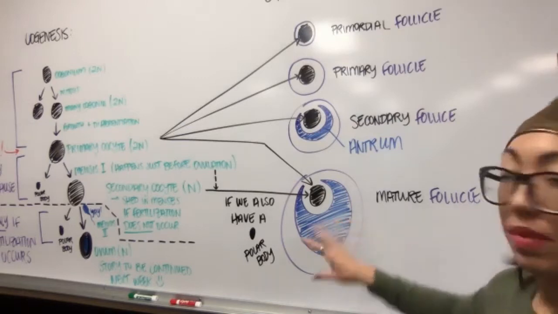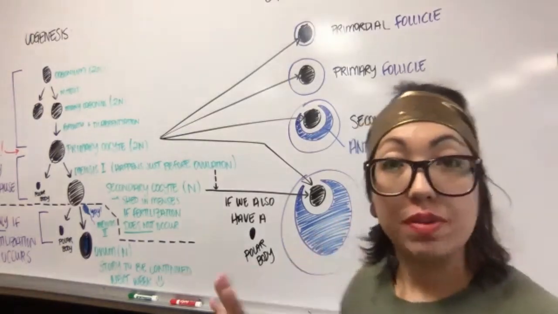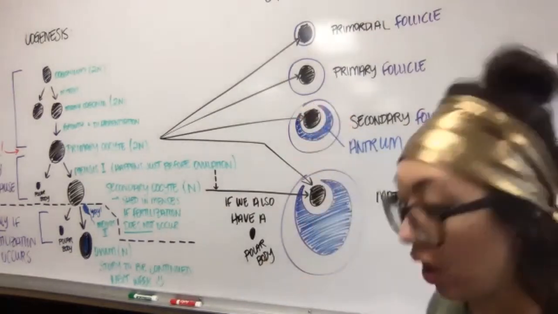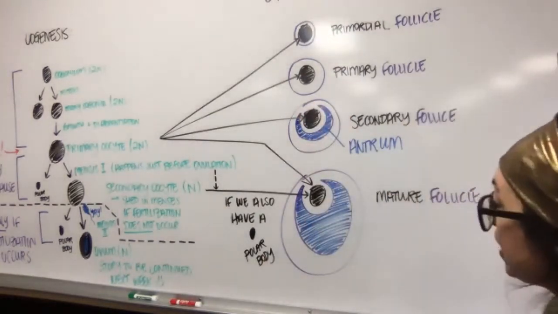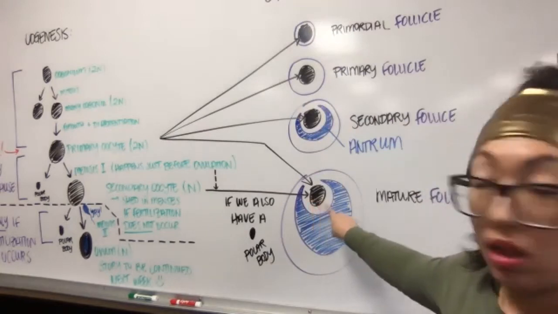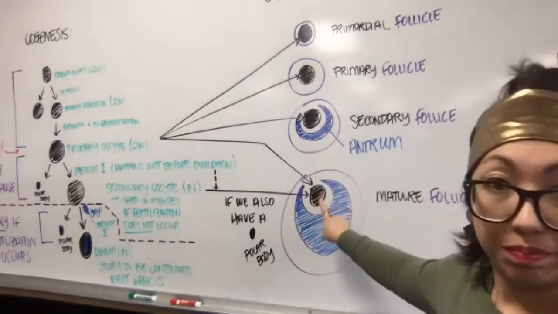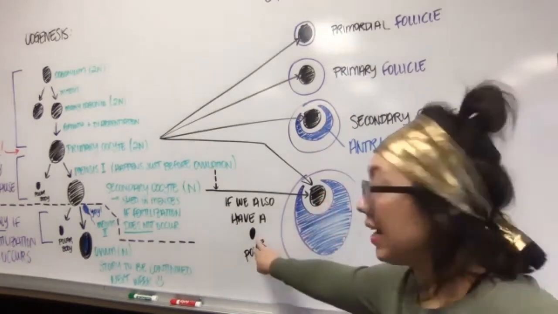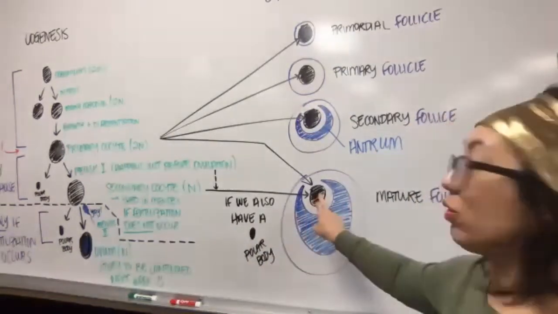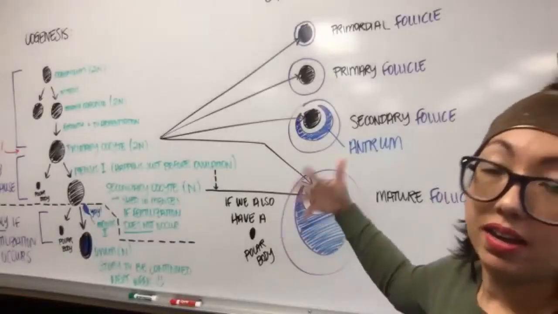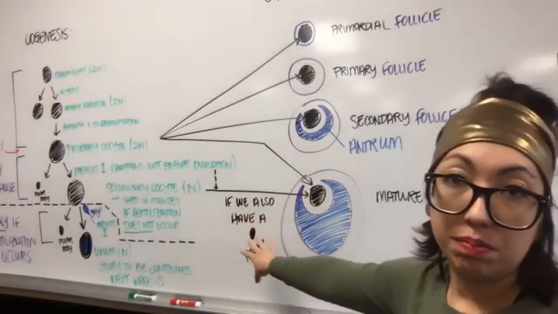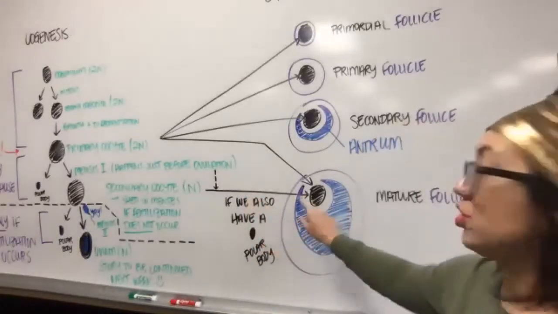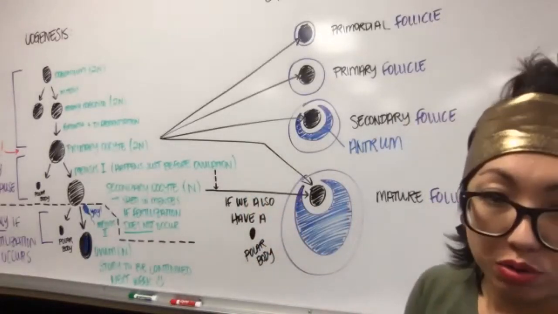So the antrum, so Michelle, the antrum kind of helps you with the mature versus secondary follicle. This question is asking about the oocyte, the little, my little black part right here. So yeah, if you have a polar body, it went through meiosis and now it's secondary plus a polar body. If there's no polar body, then it's just a primary oocyte.